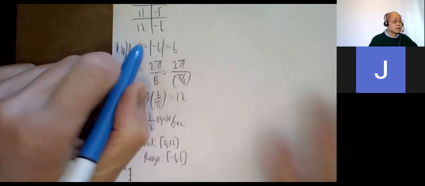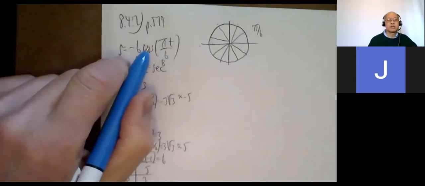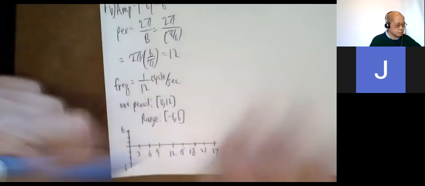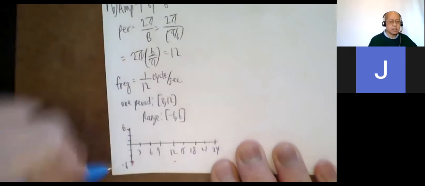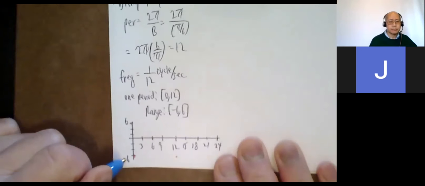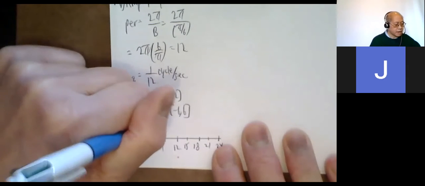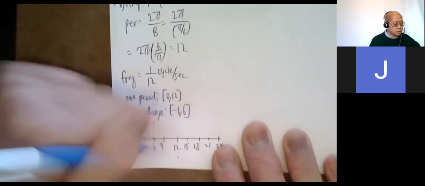This is cosine, which normally starts at max, but the negative means I'm starting at the minimum. So minimum, and after 1 period, minimum. Midline, maximum, midline, minimum.